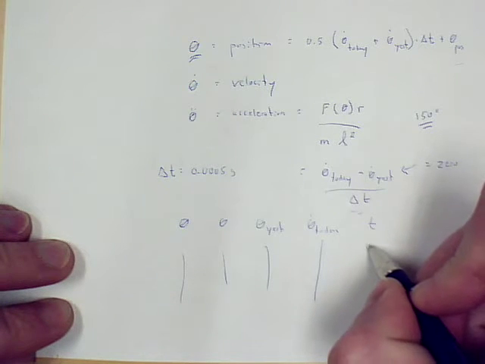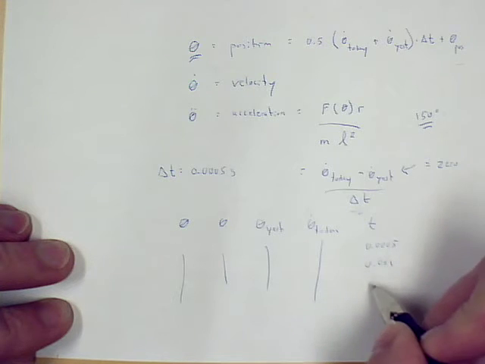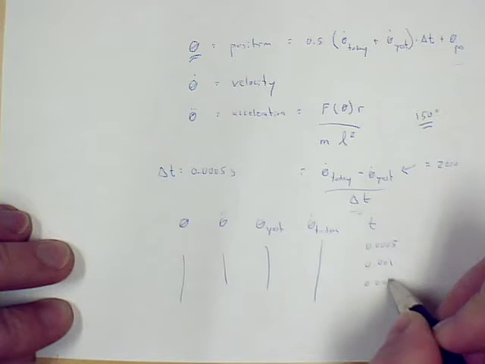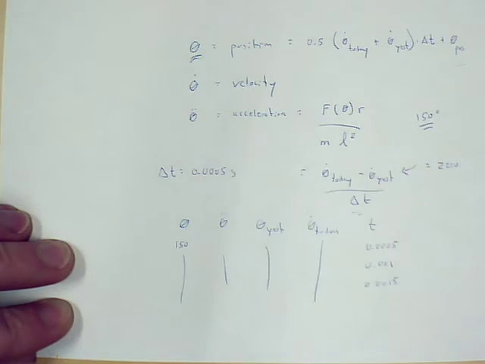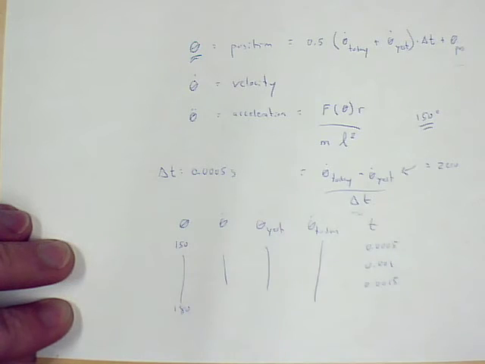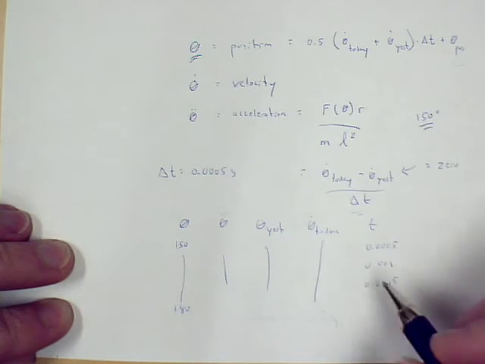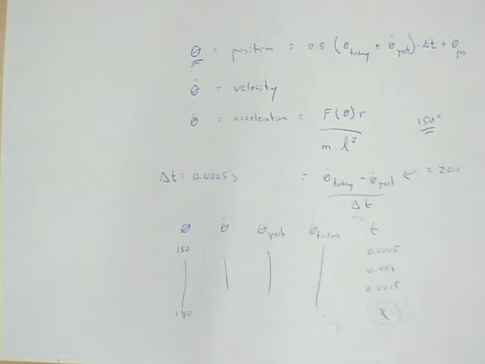And this way you can calculate every 0.005 seconds, 0.001, 0.0015. All right, how long does it take to go from our first position of 150 down to our final position of 180? And then you just look across and see how much time has elapsed at this position. And that'll allow you to determine how much time it took for your shutter arm to close.